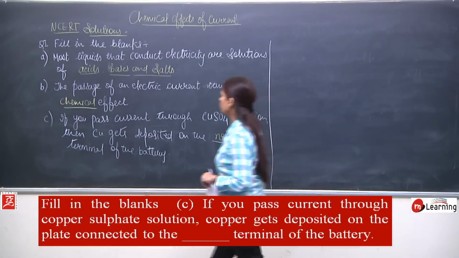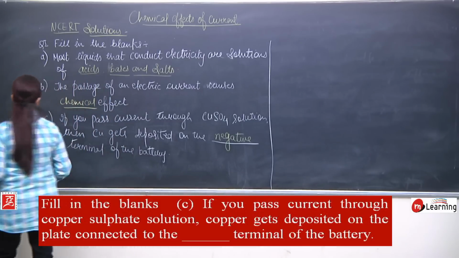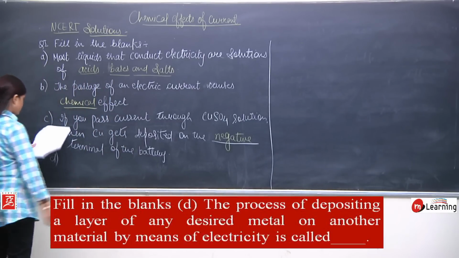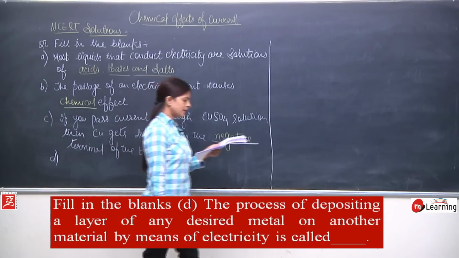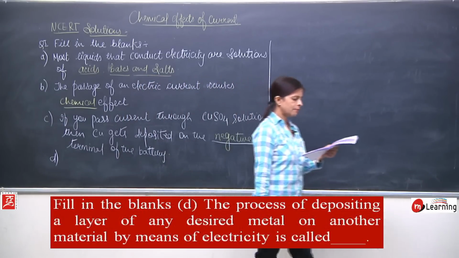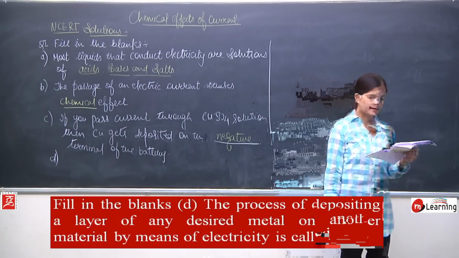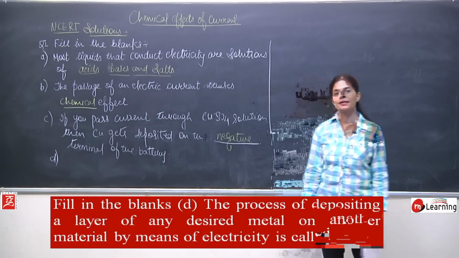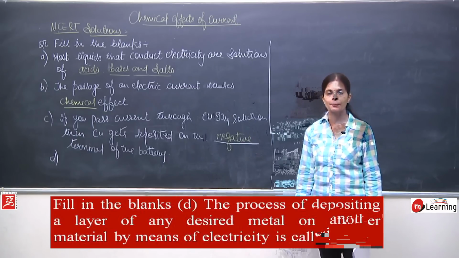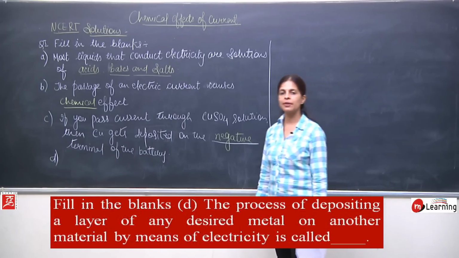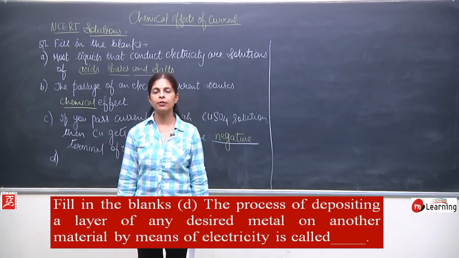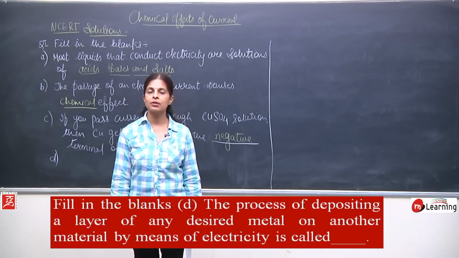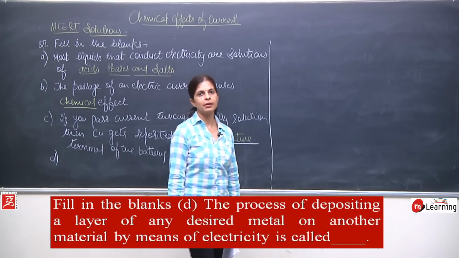Now let's talk about the D, fill the blank. The process of depositing a layer of any desired metal or another material by means of electricity is none other than electroplating. We have seen how one metal can be electroplated, deposited on another metal.